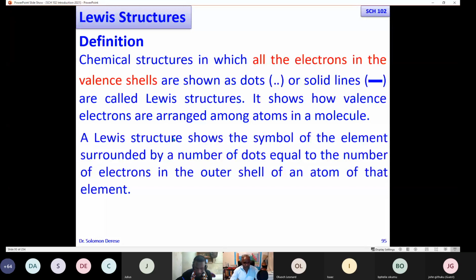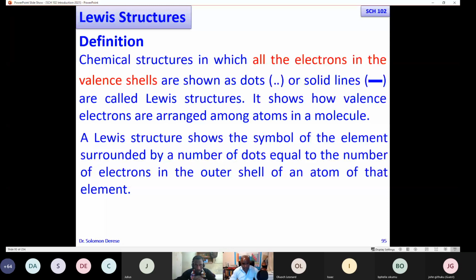When you draw the Lewis structure, it shows the symbol of the element, and that symbol is surrounded by a number of dots equal to the number of electrons in the outer shell of an atom of that particular element. For example, if you are writing the Lewis structure for the element carbon, you write the symbol C.